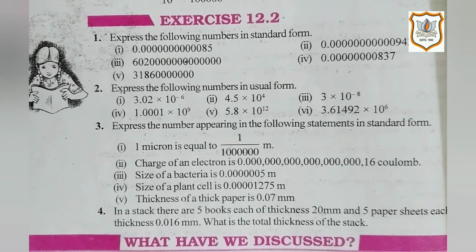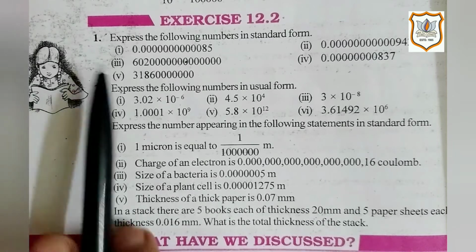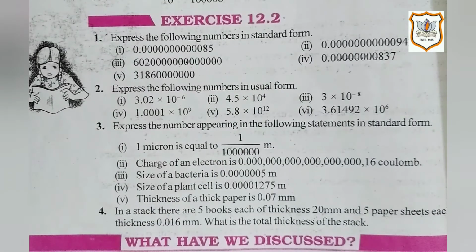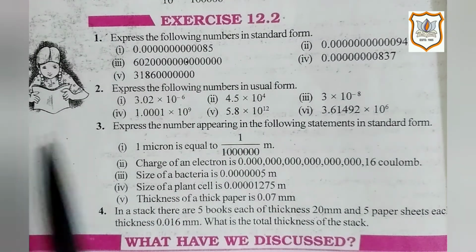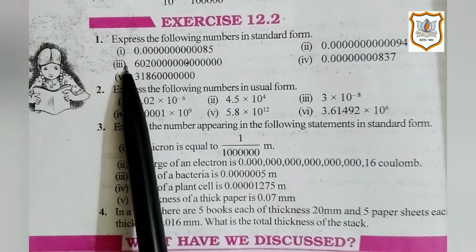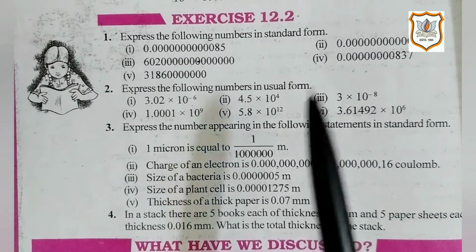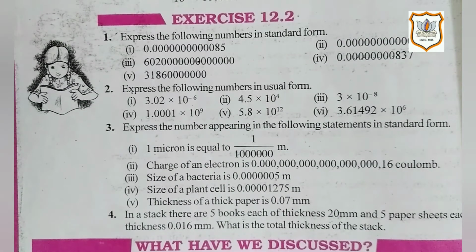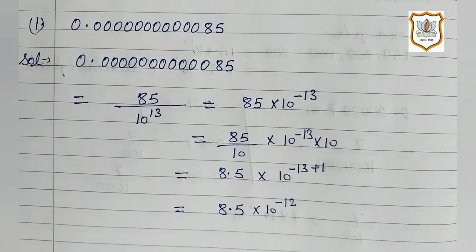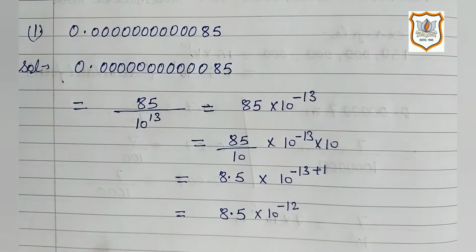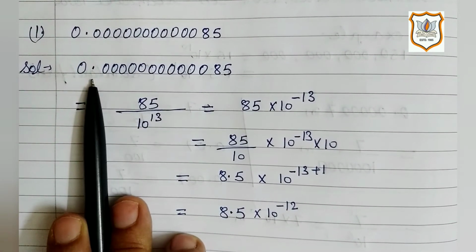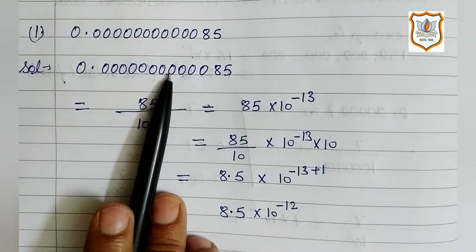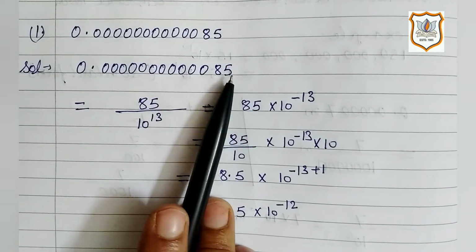Let's solve exercise 12.2. First question, express the following numbers in standard form. Students, I will solve the first and third part. The second, fourth and fifth parts you have to do by yourself. Solution of first part. Here count the digits after the decimal point: 1, 2, 3, 4, 5, 6, 7, 8, 9, 10, 11, 12, 13.